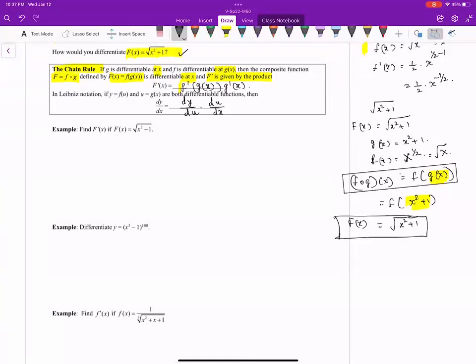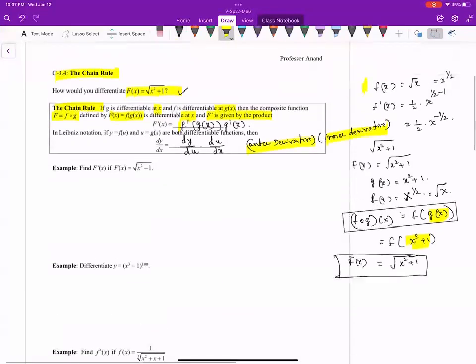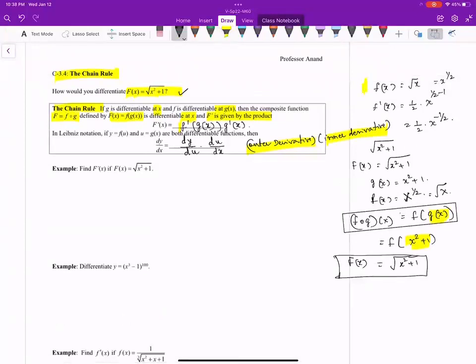So it's the outer derivative, keeping the inner function as is, times the inner derivative.